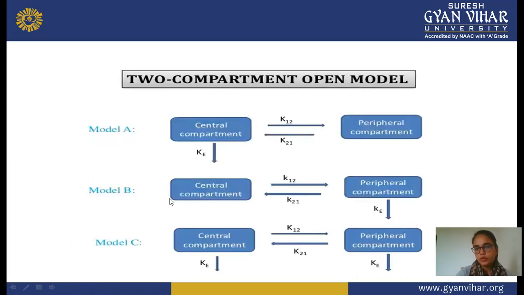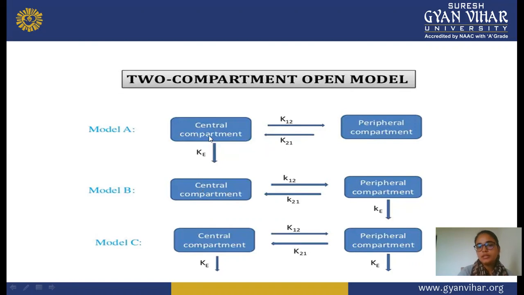Next is the two compartmental open model. This is the general diagram of the two compartmental model where the processes take place. It is divided into three categories: model A, model B, and model C. These are the subtypes of the two compartmental open model. In model A, the drug is administered into the central compartment.